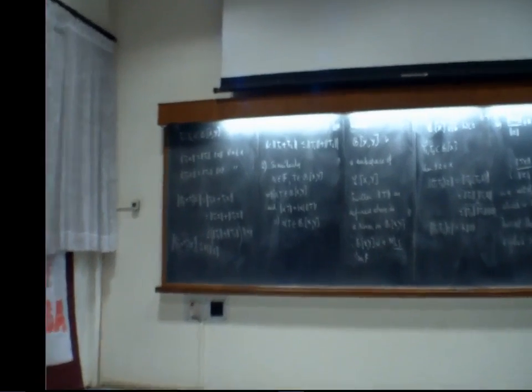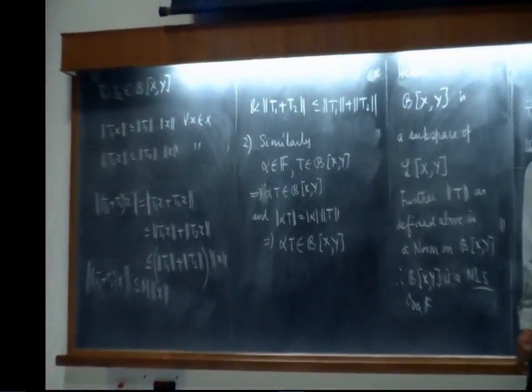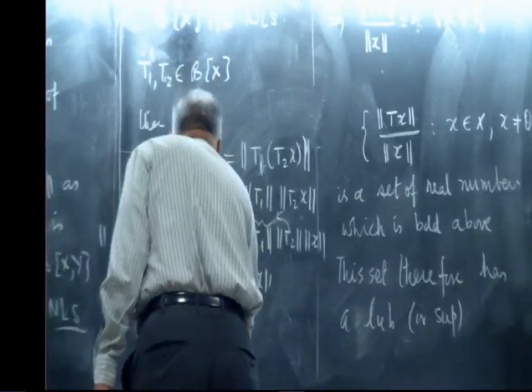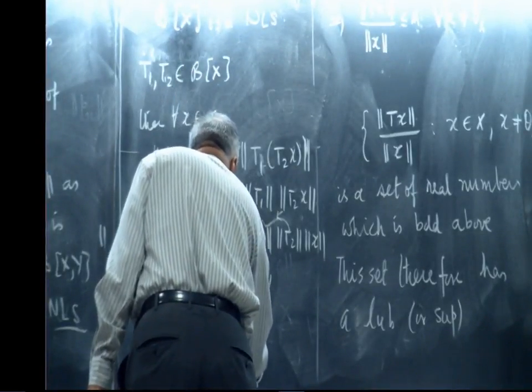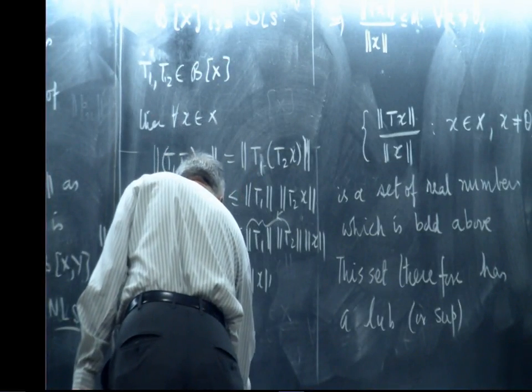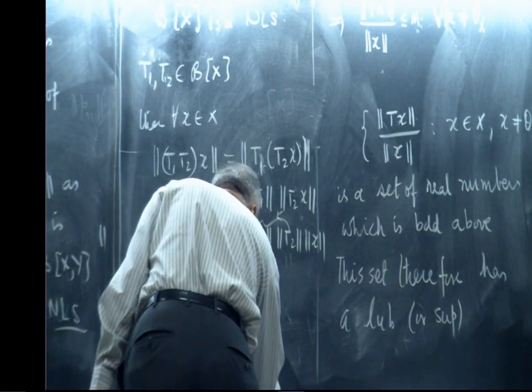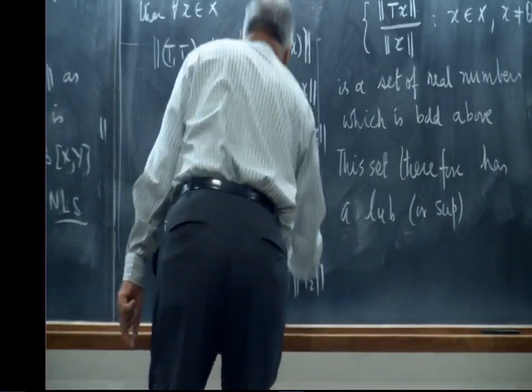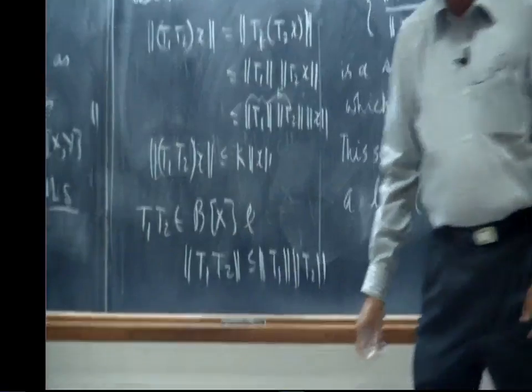And what does that tell about T1T2? That is a bounded linear transformation. So T1T2 belongs to Bx, and norm of T1T2 will be less than or equal to the product, because that is one of the bounds. The smallest bound is called the norm.